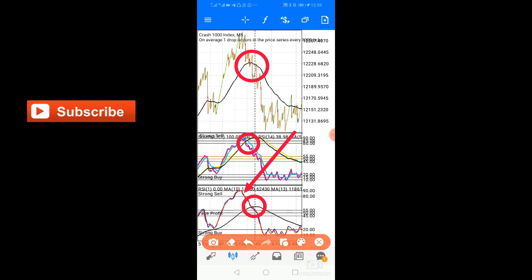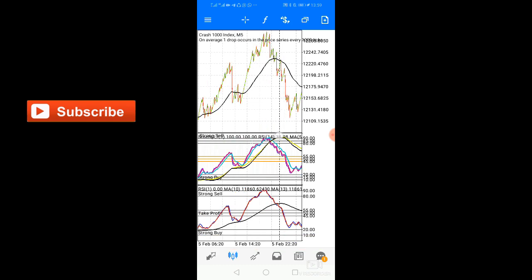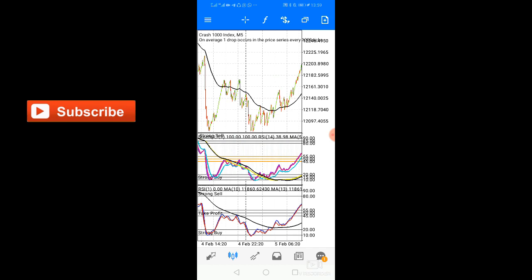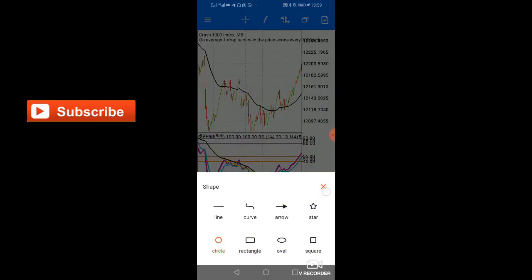What does the buy setup look like? Here's one, guys. The buy setup for Crash 1000 would be something like, see the market, sorry, I'm looking for a circle, not you, arrow. Yes, we're looking for this area here.